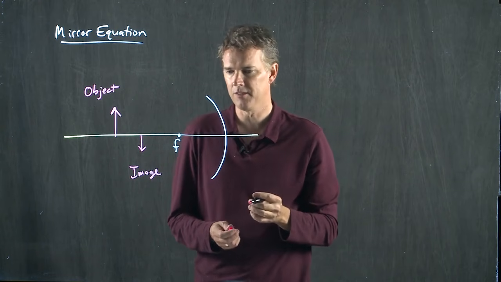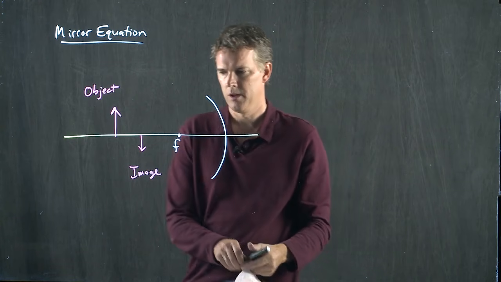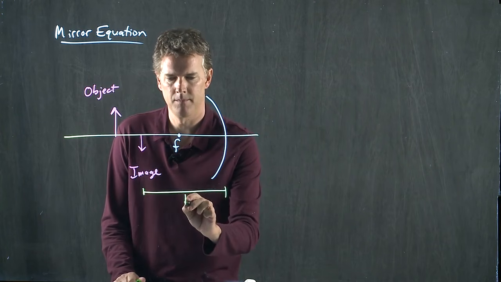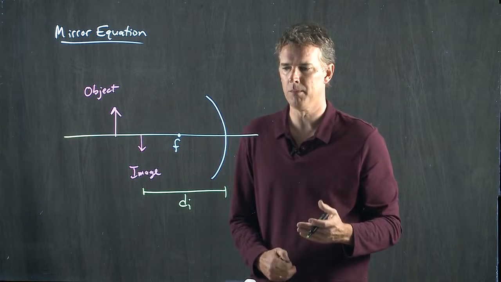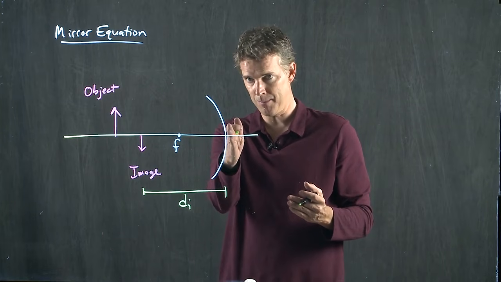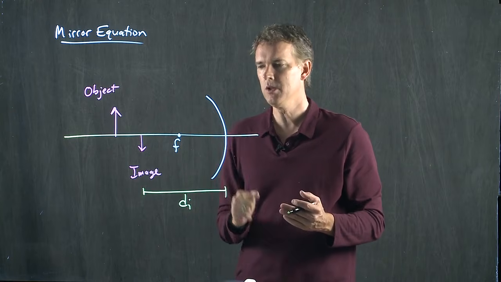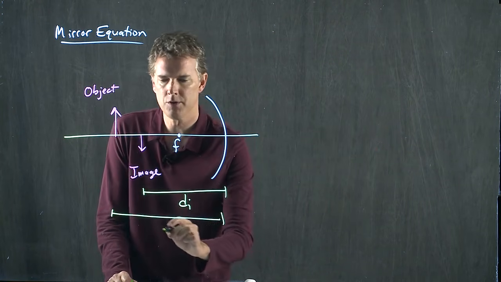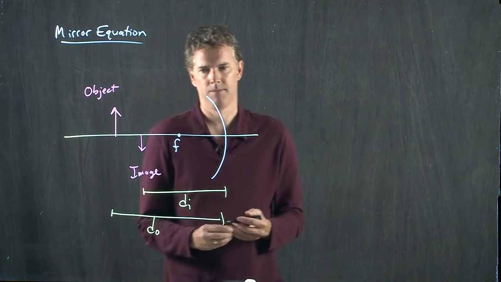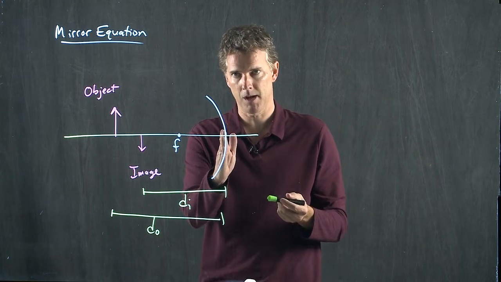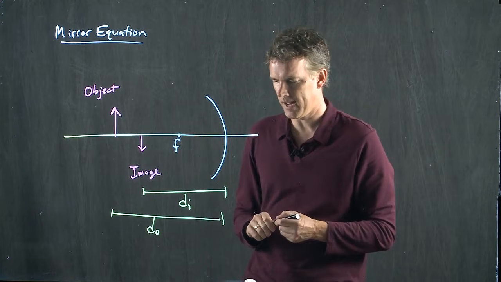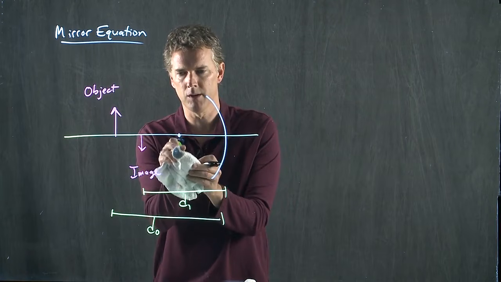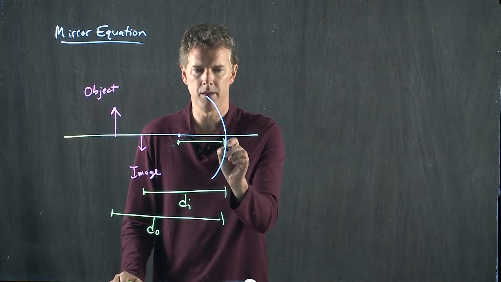There are some distances that we can measure here. One of them is this. Distance to the image, from the apex of the mirror to the image, what is that distance? Likewise, we can measure the distance to the object, from the apex of the mirror to the object. And then finally, we can, of course, measure the focal length, which is from there to there.